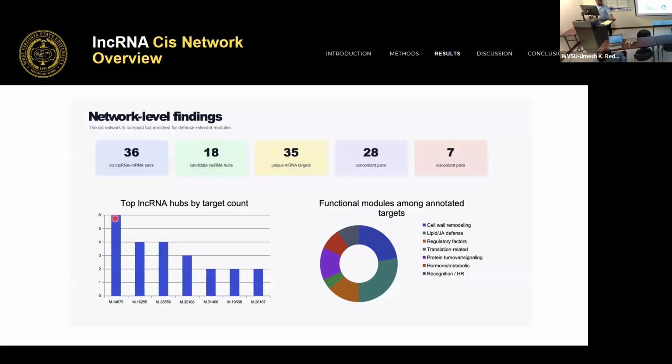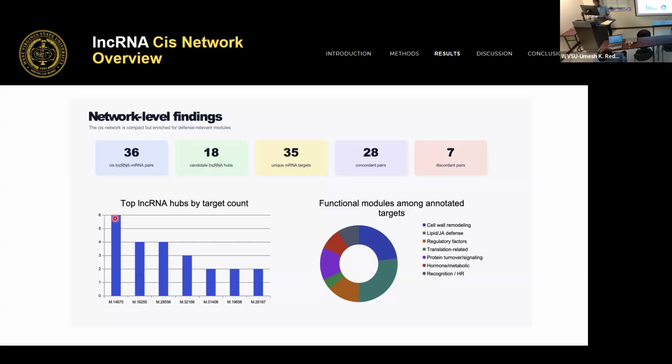A different part of my study is to find the LNC-mRNA pairs. Six cis LNC-mRNA pairs were identified, in which 18 are LNCs and 35 are unique mRNA targets, because one LNC can target multiple RNAs. 28 are concordant pairs.